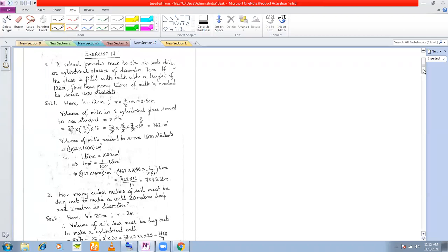A school provides milk to the students daily in cylindrical glasses of diameter 7 centimeter. So you have a cylindrical glass. Okay, and the diameter of this is given to be 7 centimeter.